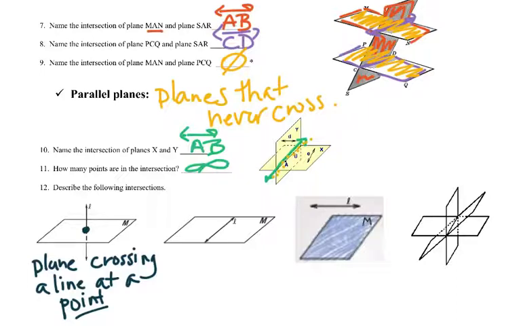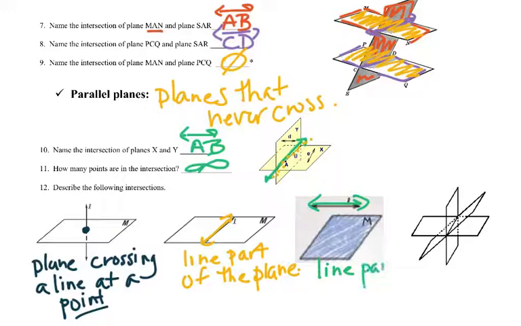Versus in this picture, the line is kind of part of the plane. The line is part of the plane. And they would cross at the infinite number of points that are on the plane. Here, this line is floating above the plane, so the line is parallel to the plane, and they never cross, right? There's no intersection.